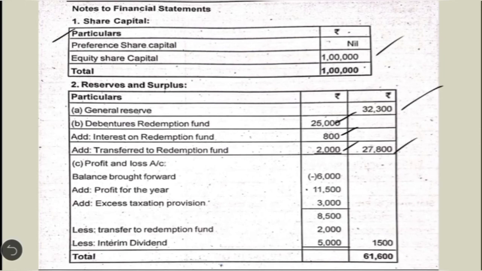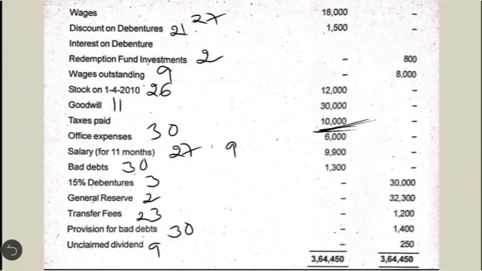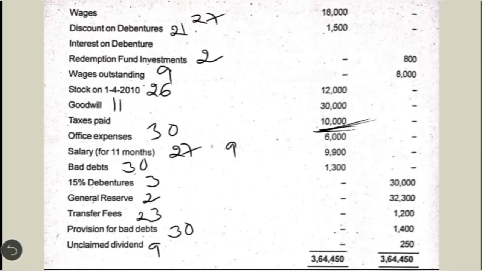Then under profit and loss account, we have profit which is brought forward from the previous year. We have to check it. What is the balance given in the trial balance? So here they have given profit and loss account balance. Let me check where is it.